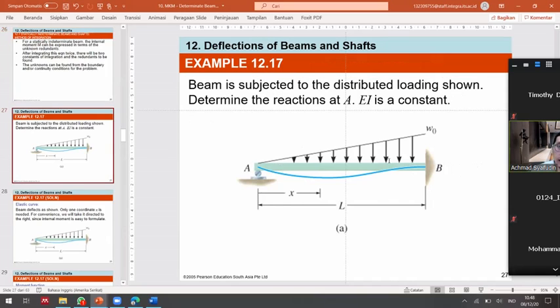Let's see the implementation. This is example 12.17. The beam is subjected to the distributed loading. Determine the reaction at point A. EI is constant. The loading is a distributed force, triangle type.